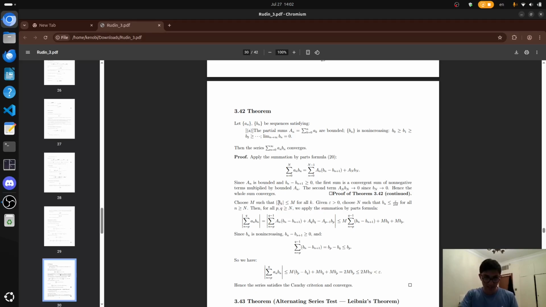Choose M such that the absolute value of A_k is less than or equal to M for all k, because we know that the sum a_k converges. Given epsilon greater than 0, choose N such that b_N is less than or equal to epsilon over 2M. And we're choosing this because it's going to cancel out nicely with these things over here.